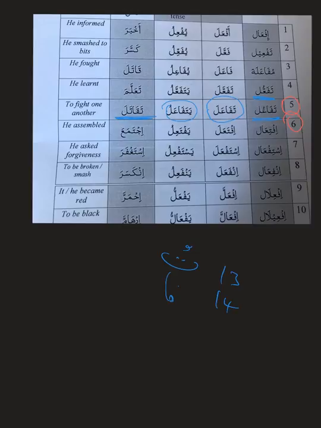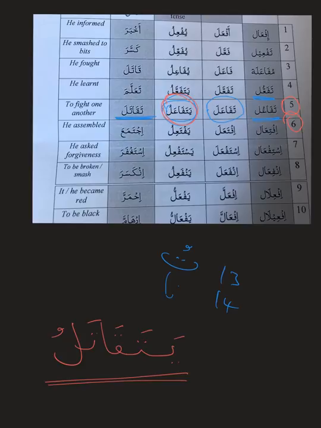Let's now look at the mudari' basically. يتفاعل. So that's the mudari'. يتفاعل. So تقاتل, it will be, let's just write it here. يتقاتل.